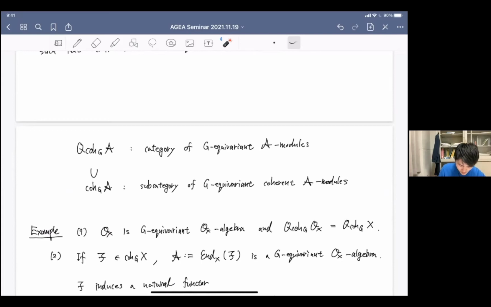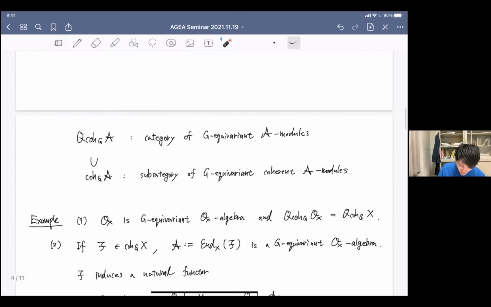Namely, if some algebraic group G acts on X, OX is a G equivariant OX algebra, and QCoh G OX is nothing but the usual G equivariant quasi-coherent sheaves on X. The second example is that if F is a G equivariant coherent sheaf, then the sheaf of endomorphism algebra of F is a G equivariant OX algebra.